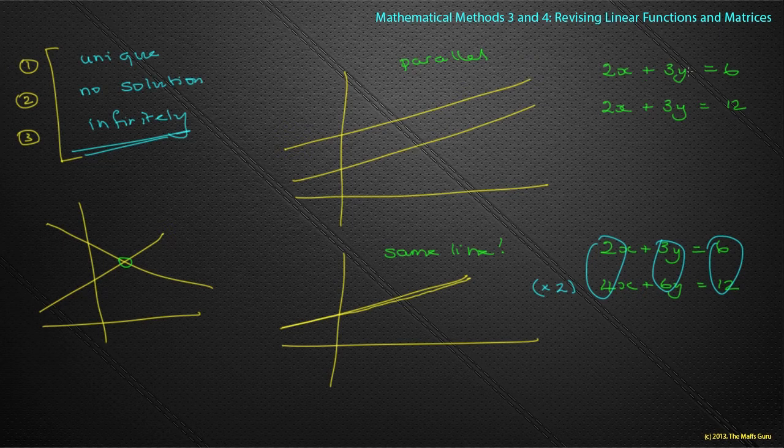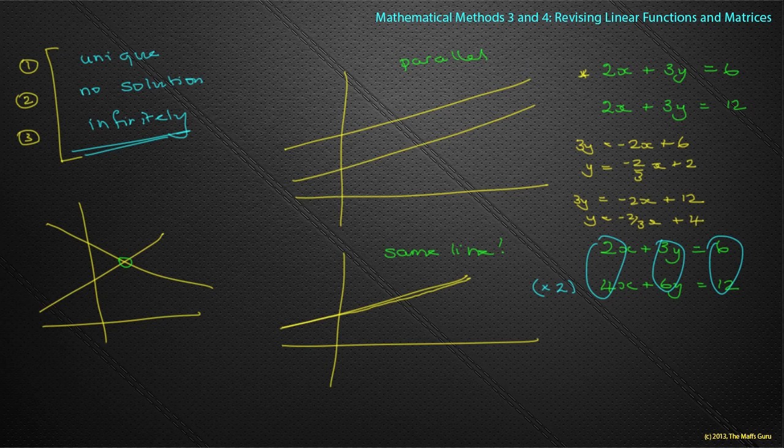I'd get 3y is equal to negative 2x plus 6, so y is equal to minus 2/3 x plus 2. What would the second equation give me? The same thing: 3y is equal to minus 2x plus 12, or y is equal to minus 2/3 x plus 4.